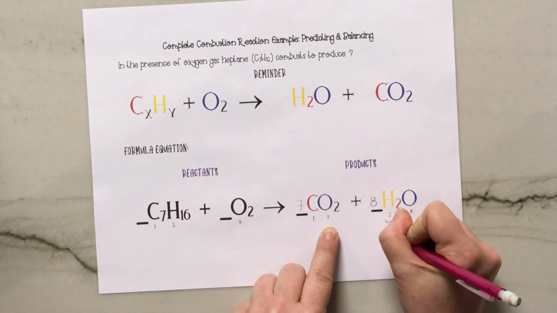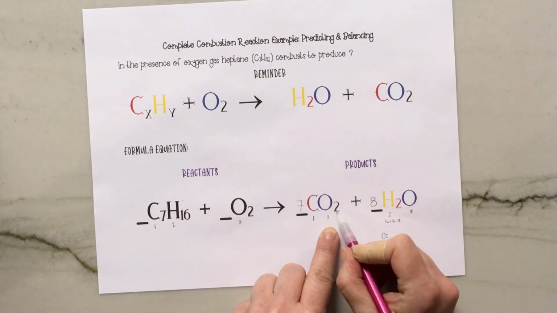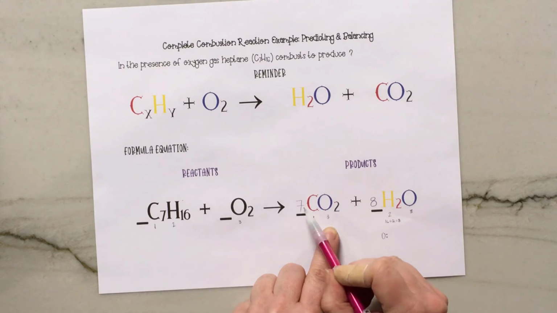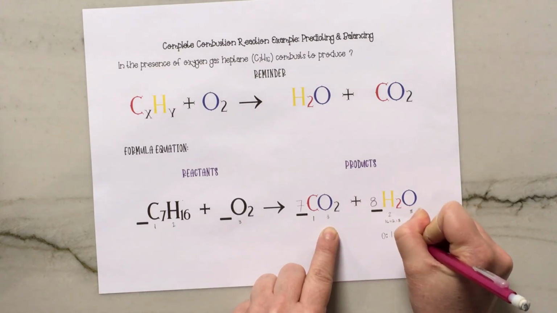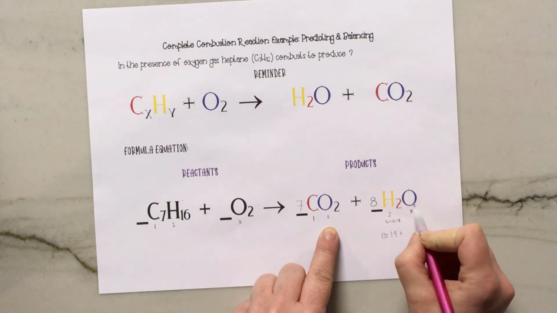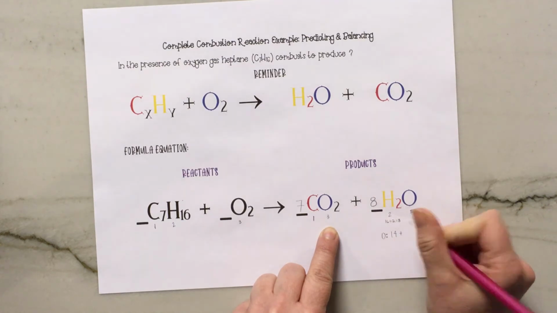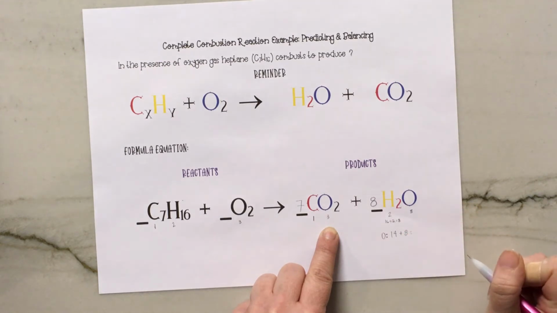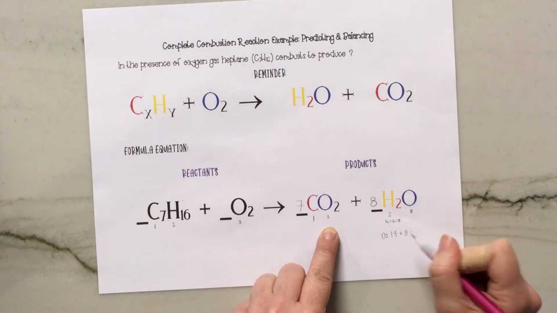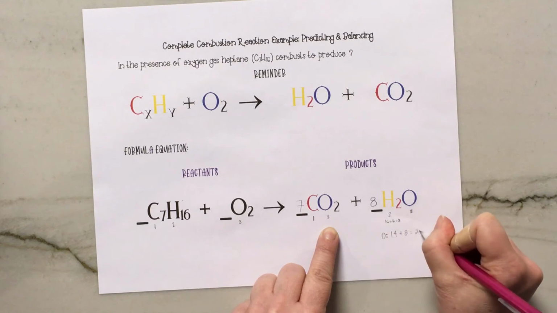So my oxygen number is, and don't forget to multiply your coefficient. 7 times 2 is 14. Okay. And then 8 times 1 is 8. So then that gives me 14 plus 8 is 22.